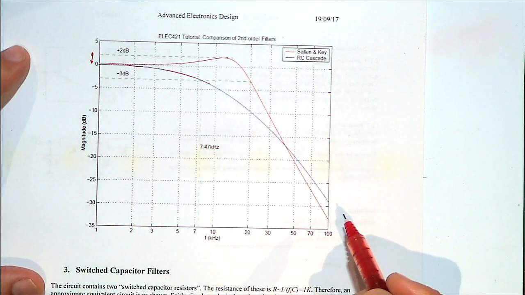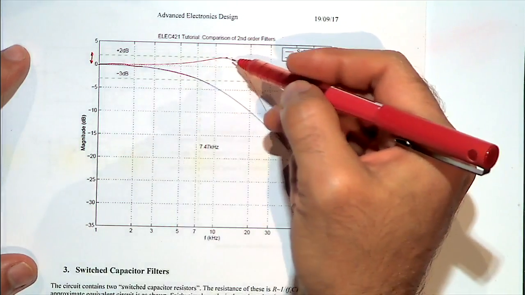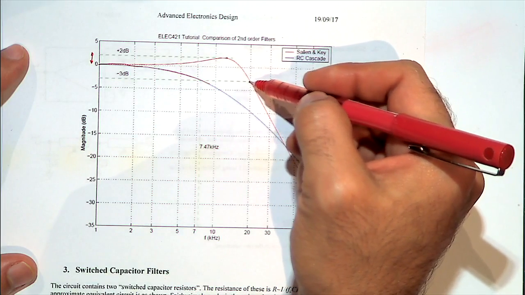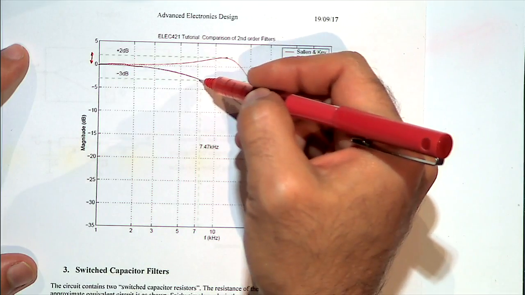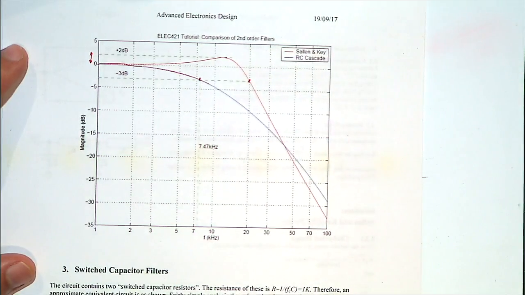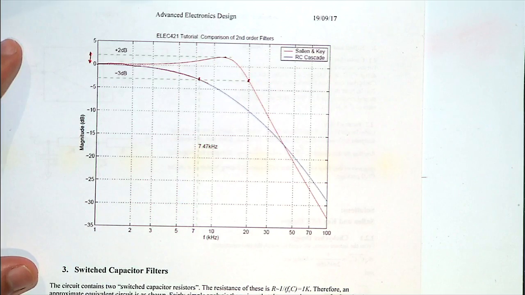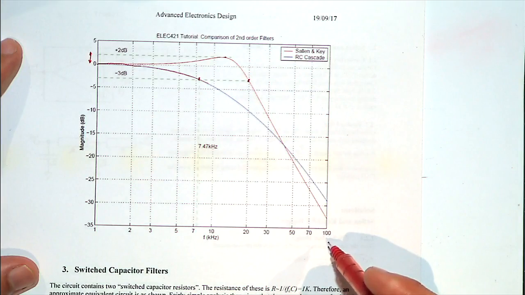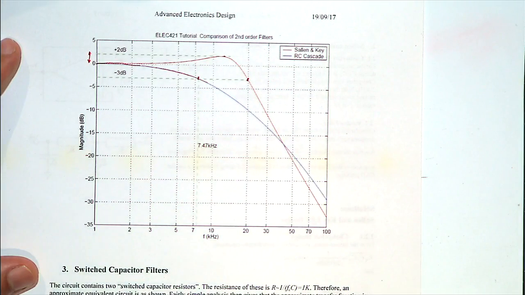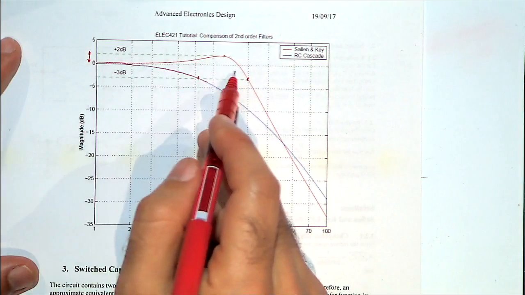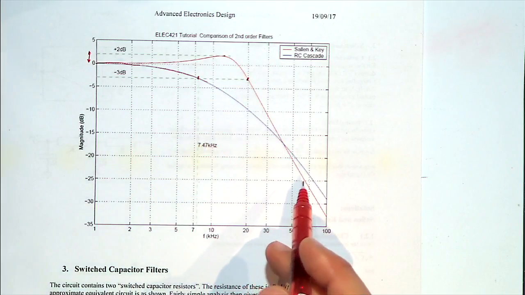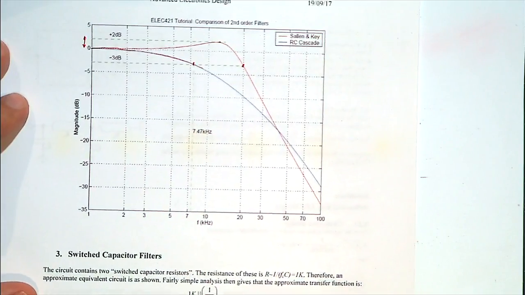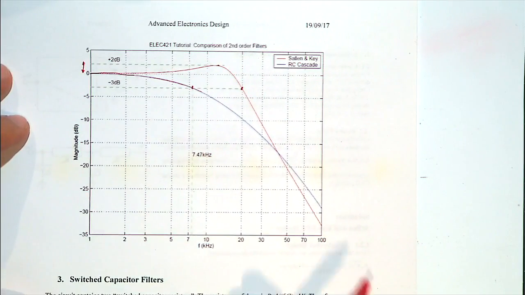But for example, the cutoff frequency of this and the cutoff frequency of this are different. The rate of transition from the passband is much faster for the Chebyshev compared to, for example, two cascaded first order filters.